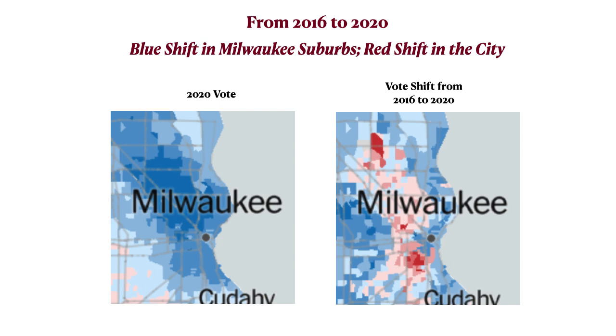But when you get into the city of Milwaukee itself, you can see a distinct red shift. They're still very blue. The 2020 map is on the left, so you can see they're very blue, but not as blue as they had been, shifting in the red direction. And in some precincts, quite a distinct red shift.